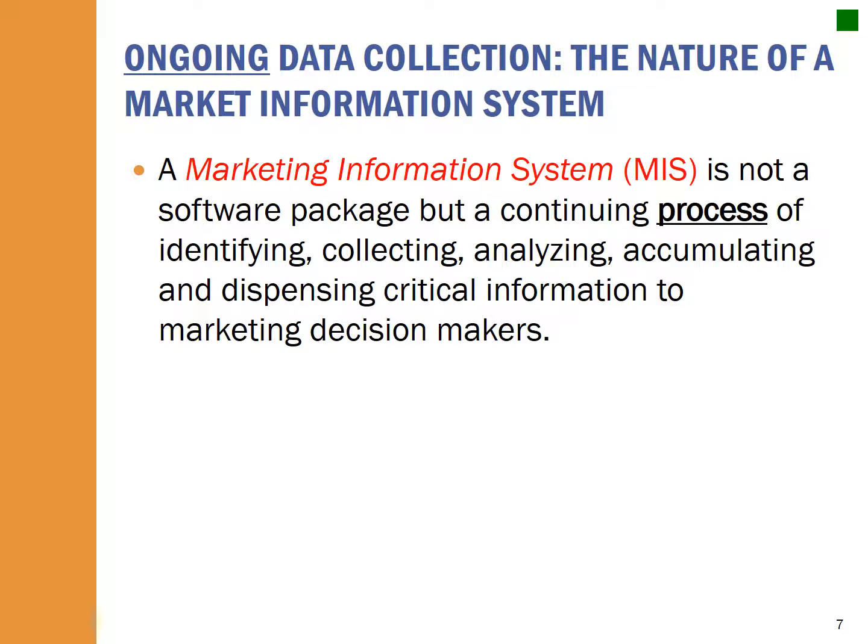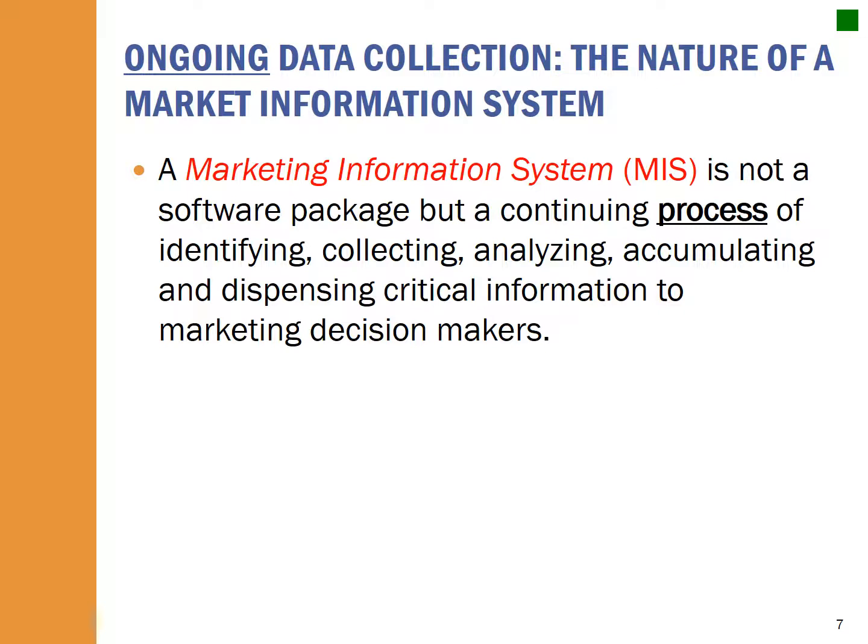So what we want to do is have a system or a process in place that allows us to gather information based on our regular business operations and then use that information to help inform us on what we should do from a manager's perspective. We call this process a marketing information system, or MIS. So the marketing information system pulls together resources the firm has in order to give us the information we need to make decisions.